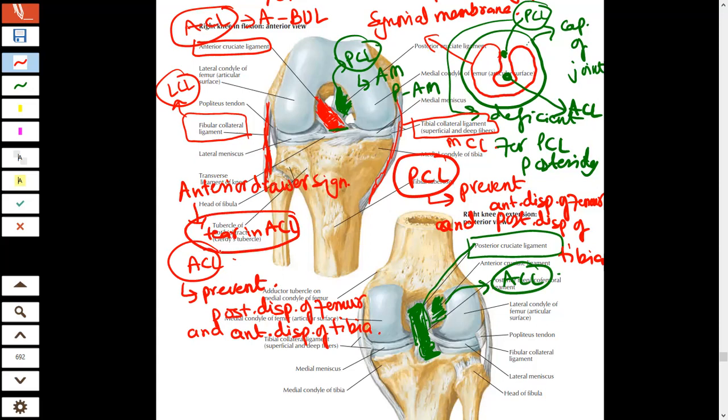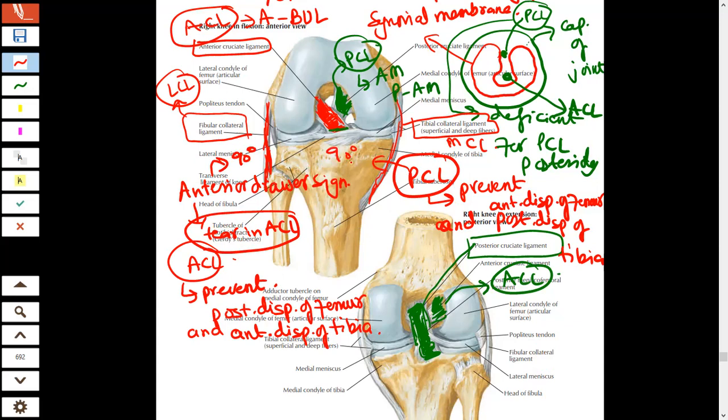I am telling you, no need to worry. Whenever you are performing a knee examination, please remember, in the anterior drawer sign or posterior drawer sign, you have to place the knee at a 90-degree angle.